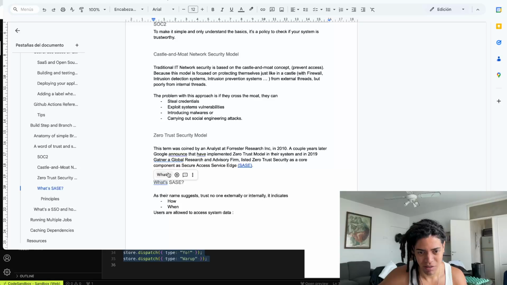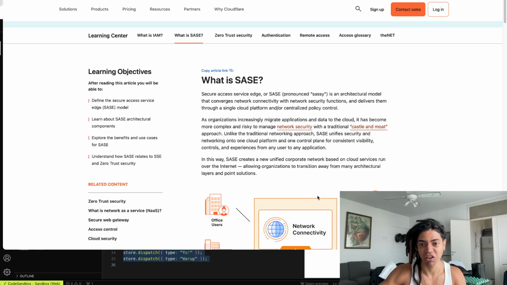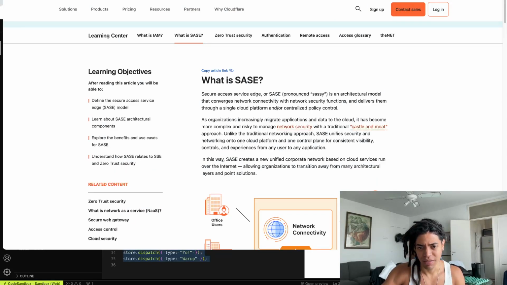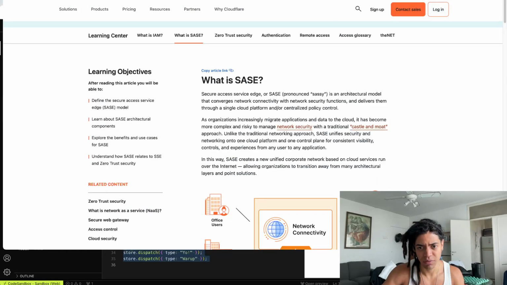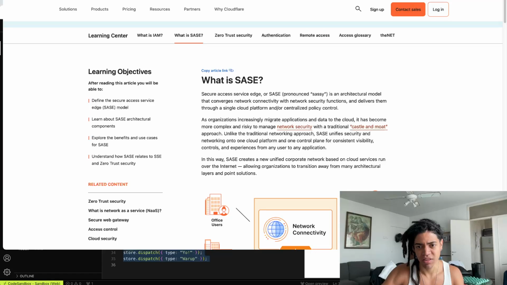It's an architecture model, a way of building things, that combines network access and network connectivity with network security.